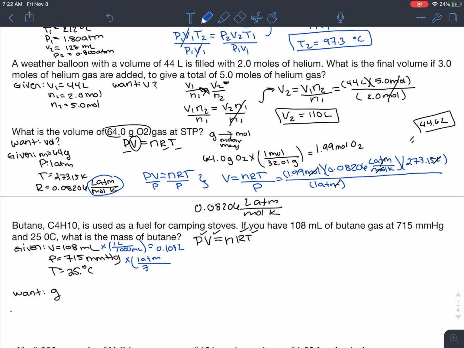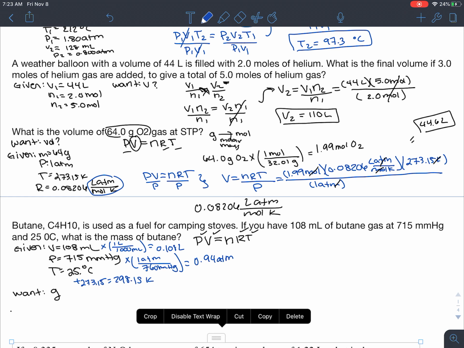There's 760 mmHg in 1 atmosphere, so divide 715 by 760 mmHg, which gives me 0.94 atmospheres. And then 25 plus 273.15 is equal to 298.15 Kelvin. And now I have everything the way that I need so that I can solve.